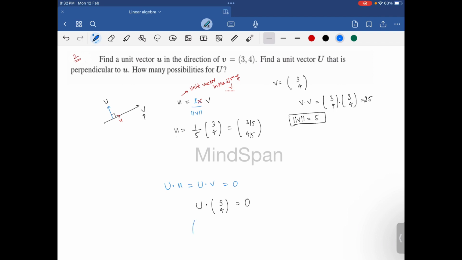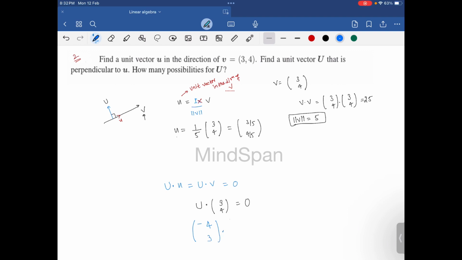So what you can choose is you can take U as -3 here, right? So that will be not -3, but you can take it as 4 here. और यहाँ पे आप सिंपली ले लो 3, right?